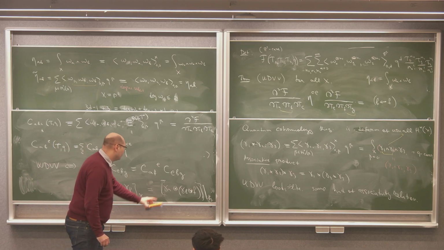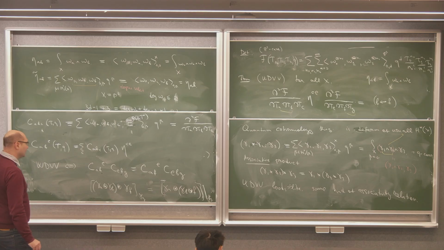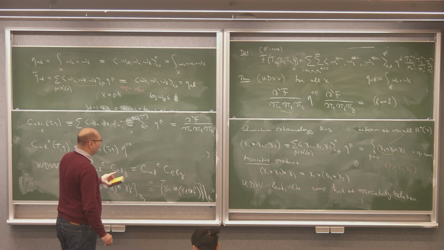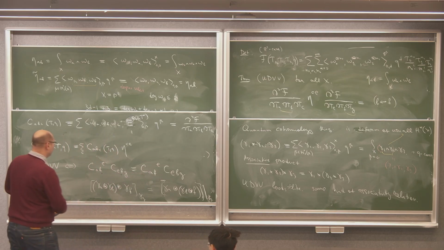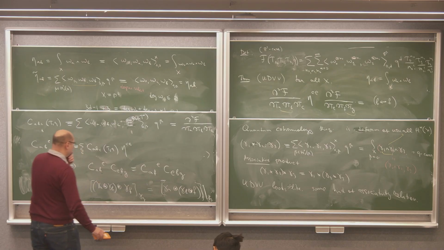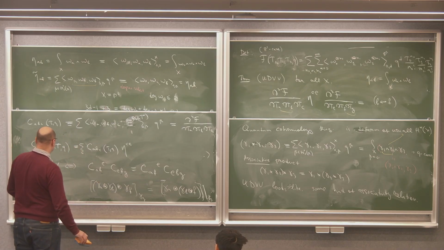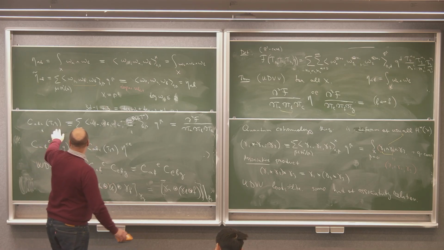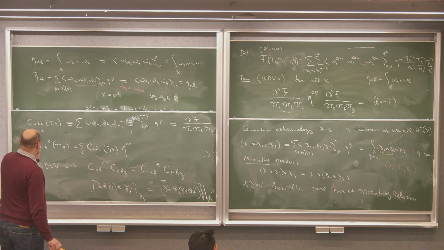Sorry for that. I couldn't quite get immediately to write the WDV in terms of associativity, but I think the statement still holds that the WDV is associativity for this structure constant C.